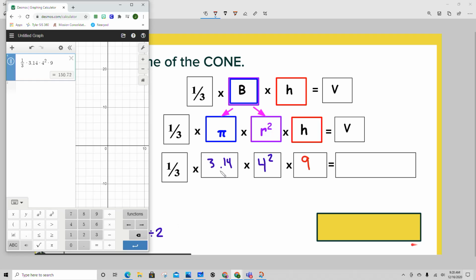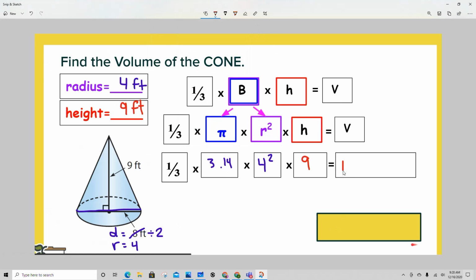So the answer is 150 and 72 hundredths. So we're going to put 150 and 72 hundredths, and this is measured in cubic feet. Okay, so that's going to be the answer for this problem.